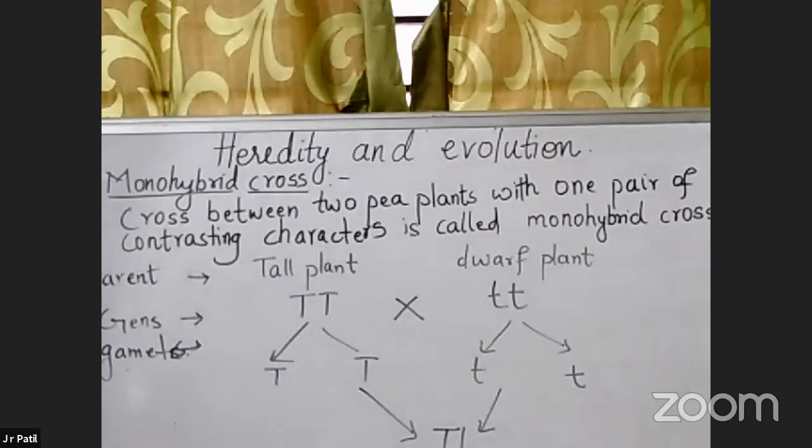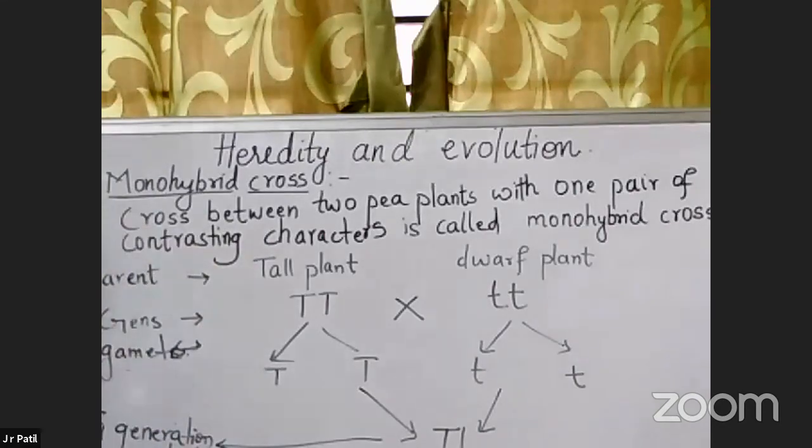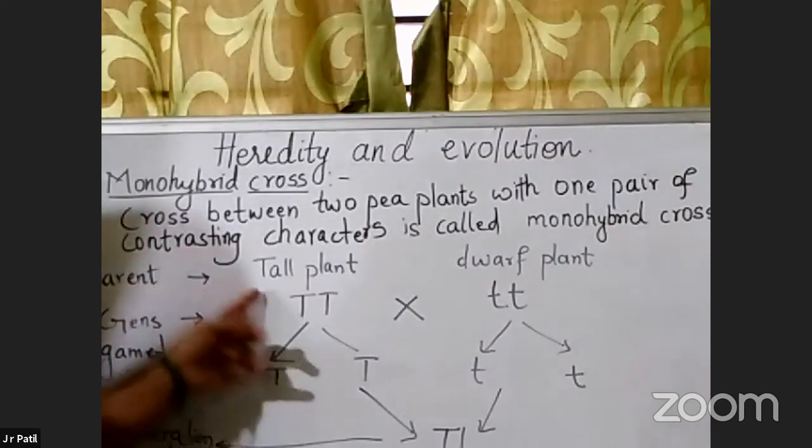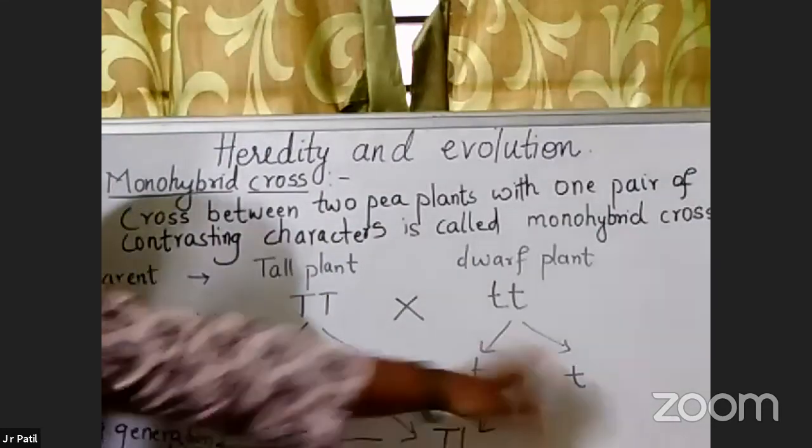Now look, this is important: we call this the F1 generation. See, when we are crossing one tall plant with one dwarf plant, these are the gametes present.